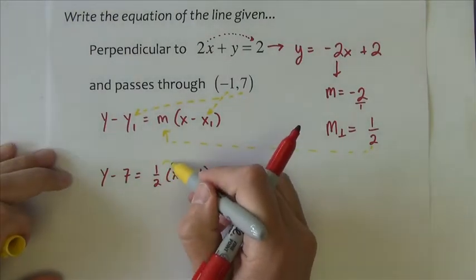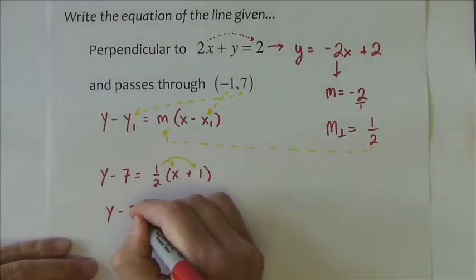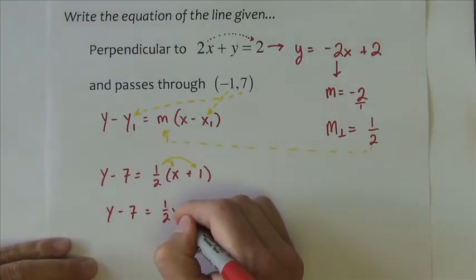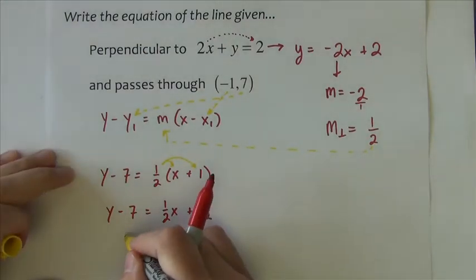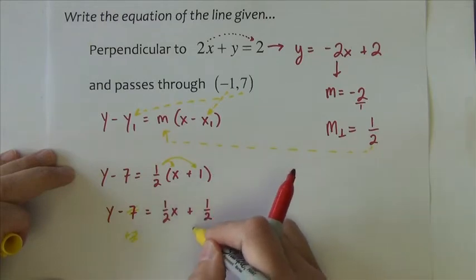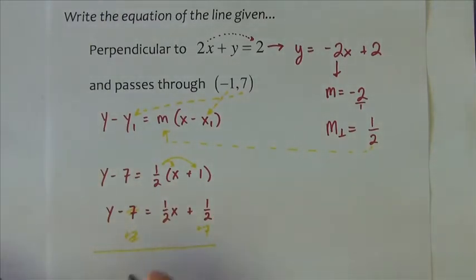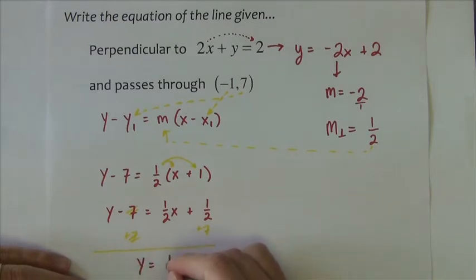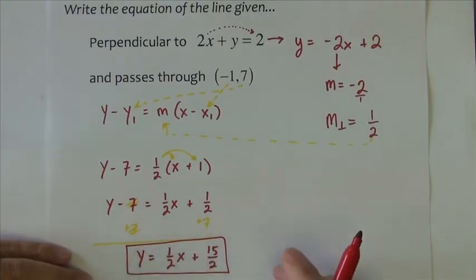I'm going to distribute the 1/2. So y minus 7 equals half x plus half. I'm going to add 7 to both sides. And that gives us y equals half x plus 15/2. And done.